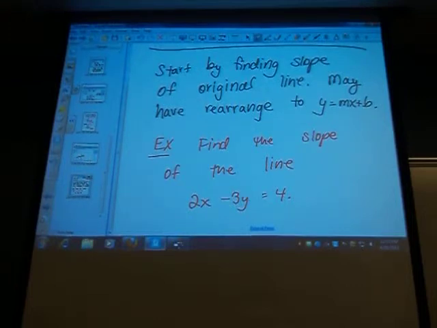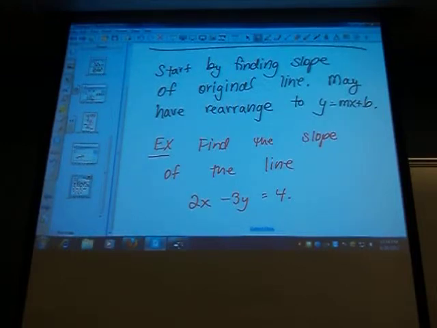Now you cannot look at this and say what the slope is. The slope is not 2 just because the number in front of x is 2. You can only say that when you have y equals mx plus b. So I have to get y equals before I can see what the slope is.